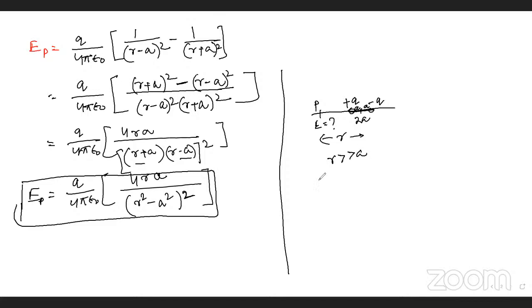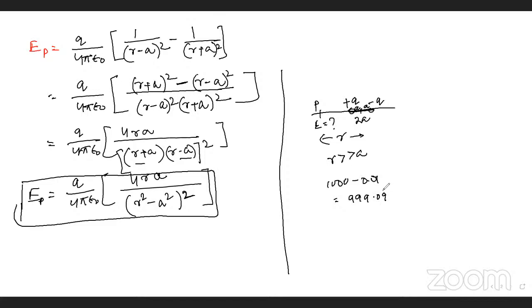So if I subtract a very small number from a bigger number, the result will be approximately the bigger number. What does that mean? Suppose we subtract from r square, which is 1000, a square, let's say 0.01. What result will you get? 999.99.